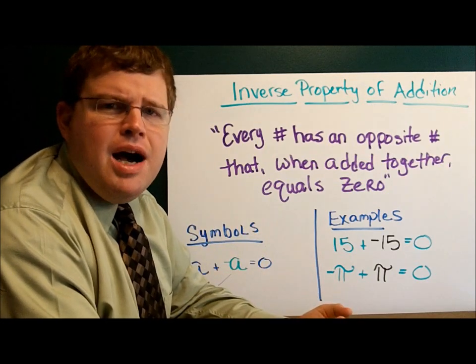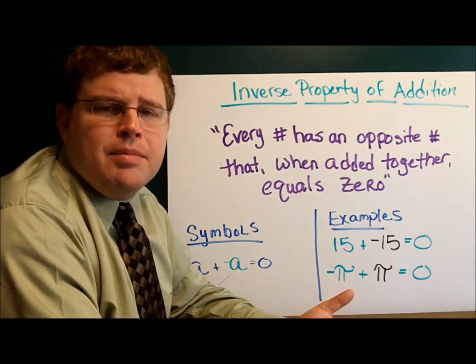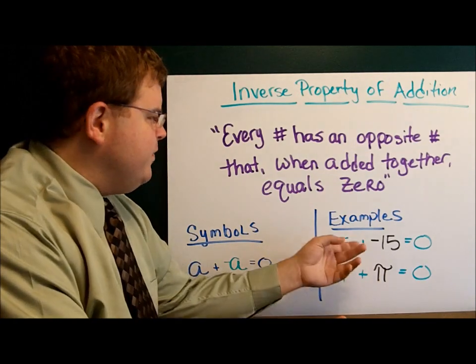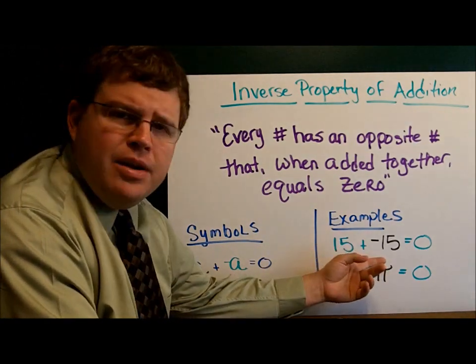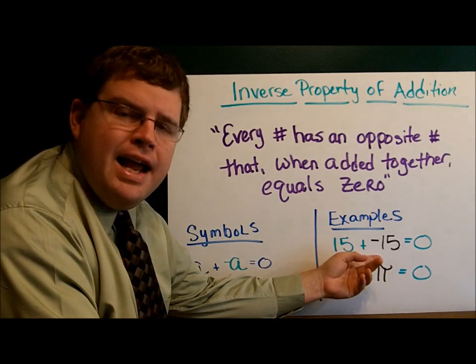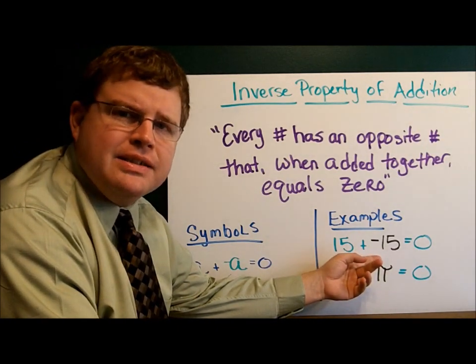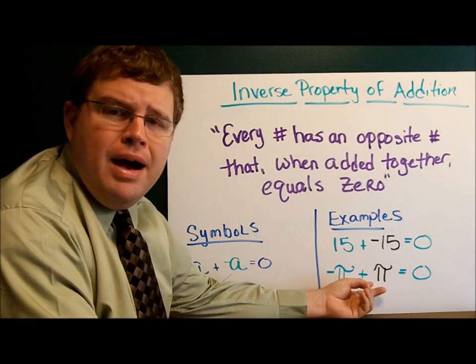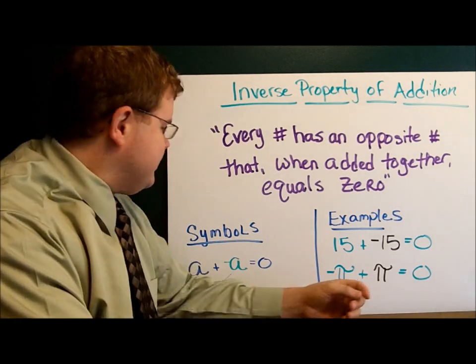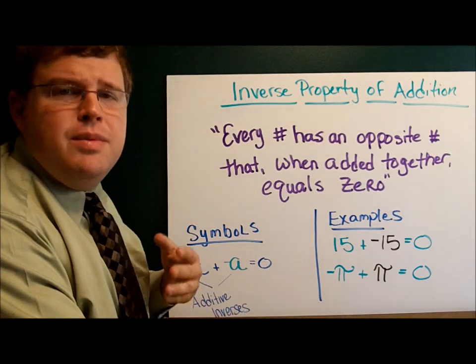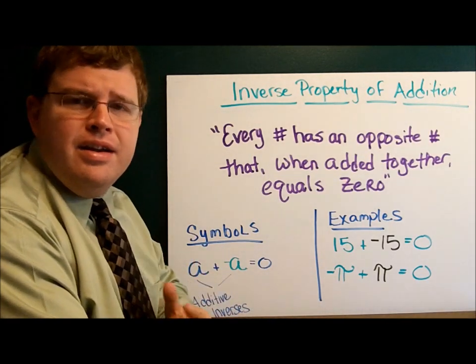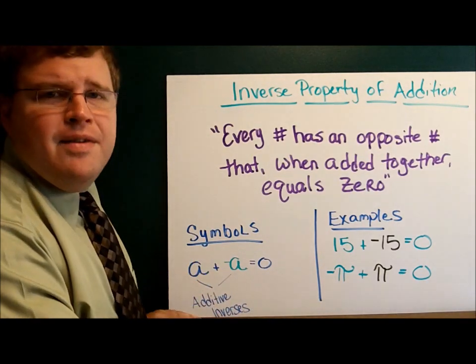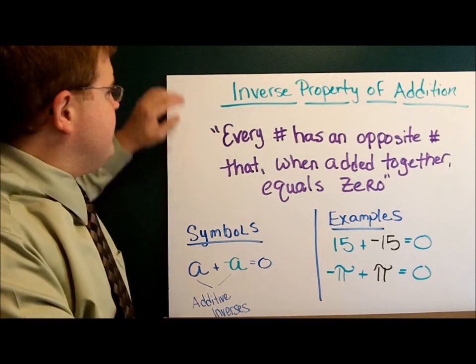Every number has an opposite, so when you add them together, the sum comes up to be 0. 15 plus negative 15 equals 0. 15 and negative 15 are additive inverses. Negative pi plus pi equals 0. Pi and negative pi are additive inverses. In symbolic notation, we have A plus negative A equals 0. A and negative A are additive inverses.